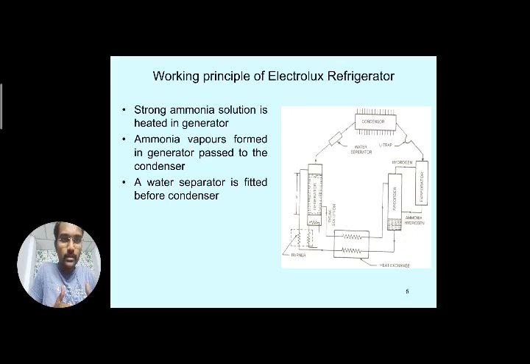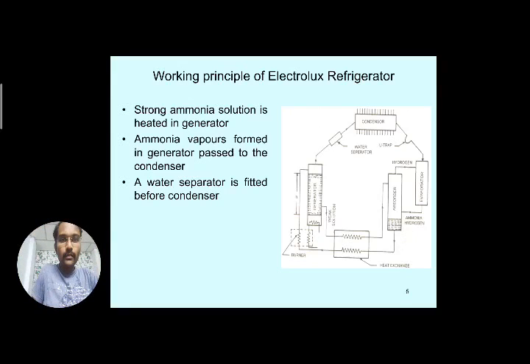The ammonia vapors generated in the generator, with the help of the heat energy, pass at high pressure through the water separator, which is additionally like a safety device to remove the moisture content. If not, there is a possibility it will choke the pipe in the evaporator, due to the low temperatures created.